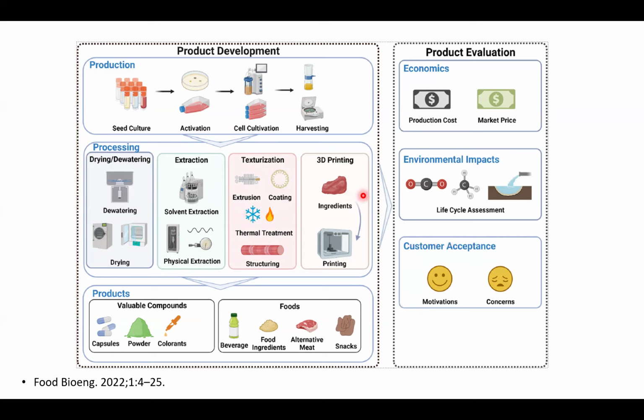Or you can also use 3D printing to produce products designed as alternative protein. Again, all of these processes use energy, and no one can say this is a good alternative or a bad alternative until a life cycle analysis or some other environmental impact analysis is done for this cell production.